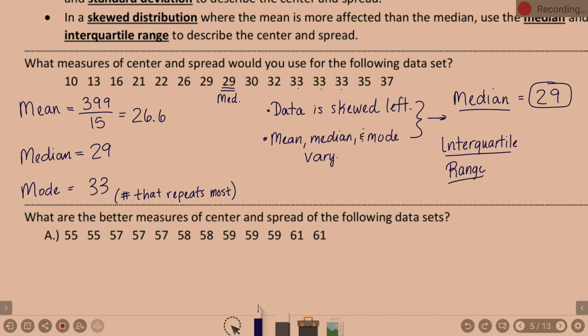What do I have to know in order to find the interquartile range? What do we have to know? Sorry, I heard two people say things at the same time. Okay, we're going to have to know those first and third quartiles, aren't we? Because to do your interquartile range, you're going to do the third quartile minus the first quartile.